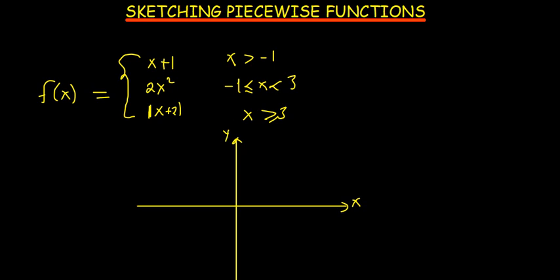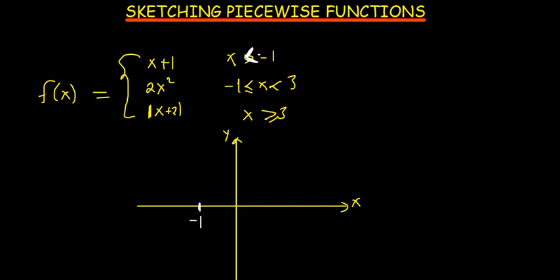So first thing first, start with the first function. For x is less than negative 1, I was supposed to say less than, not greater than. So negative 1 is here. The function that is applying is this one. So start with negative 1 itself. Where there is x, put negative 1.